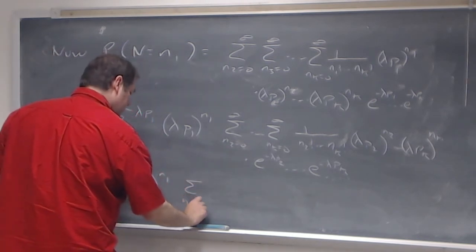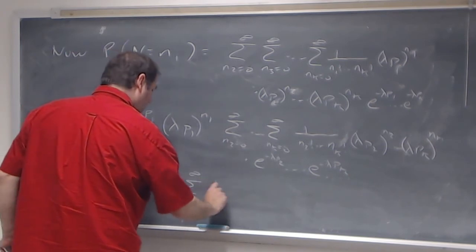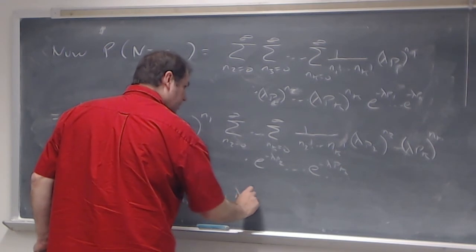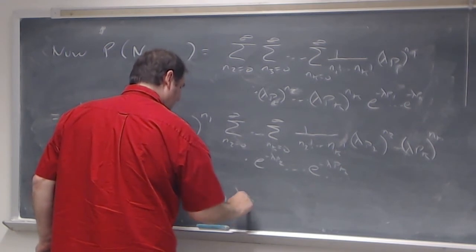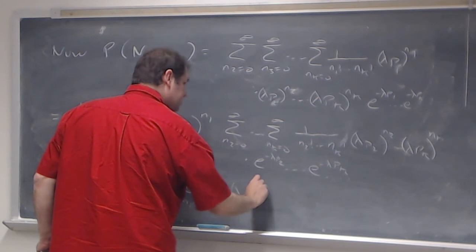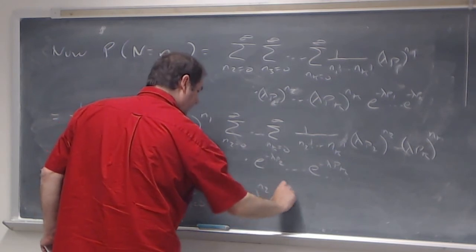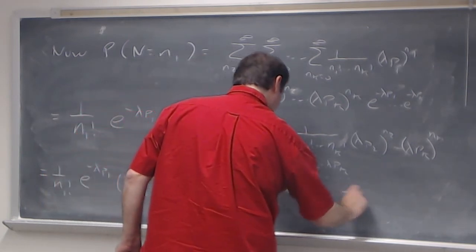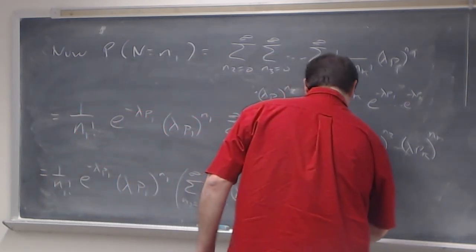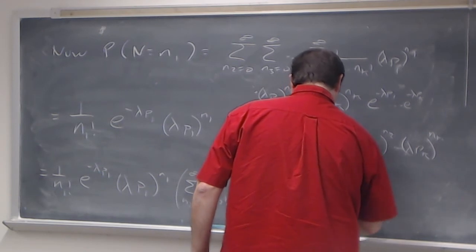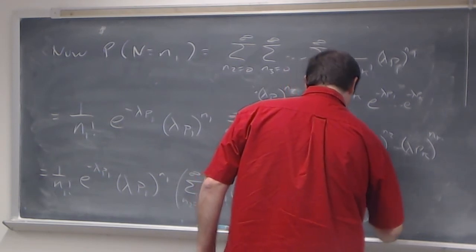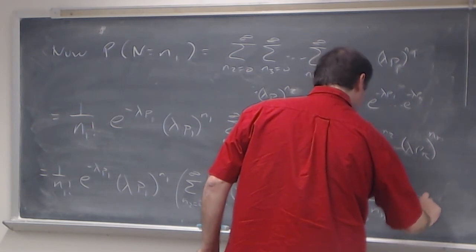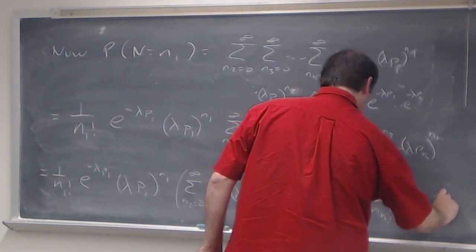the sum where n sub 2 goes from 0 to infinity of what? 1 over n sub 2 factorial, lambda times p sub 2 raised to the n sub 2 times e to the minus lambda p sub 2, and that guy times, and there's going to be a bunch of sums just like that, and the last one is n sub k, running from 0 to infinity, 1 over n sub k factorial, lambda p sub k raised to the n sub k, and then e to the minus lambda p sub k.